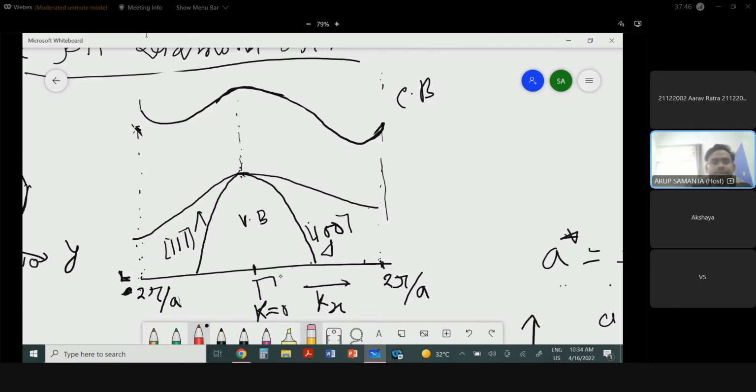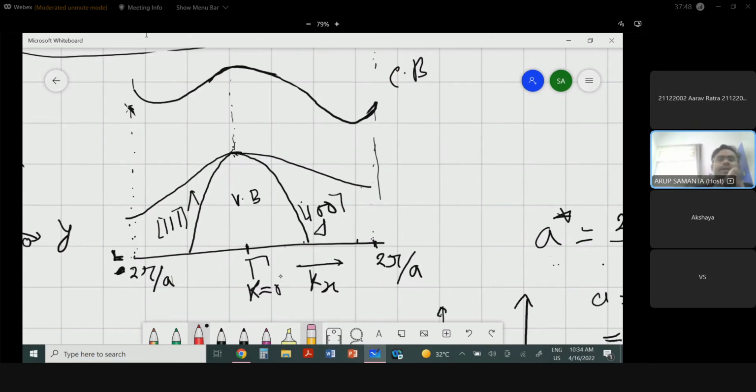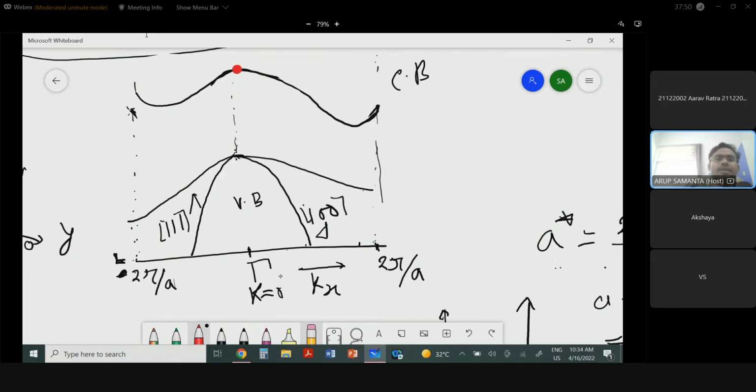Now, at this K gamma equal to K point, you can see here the conduction band is maxima, and this value magnitude is around 3.4 electron volts. Now, if you measure from here, this is minima.